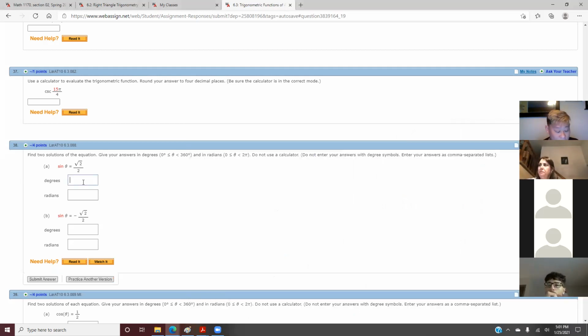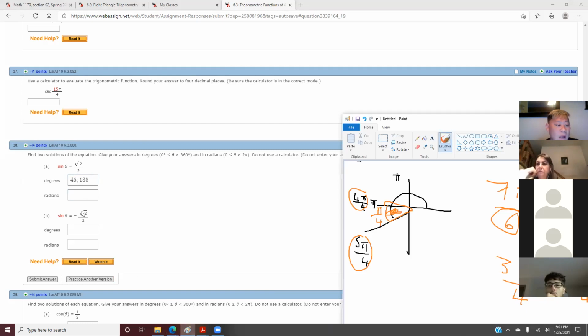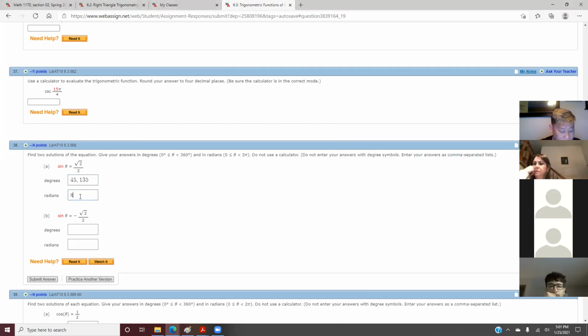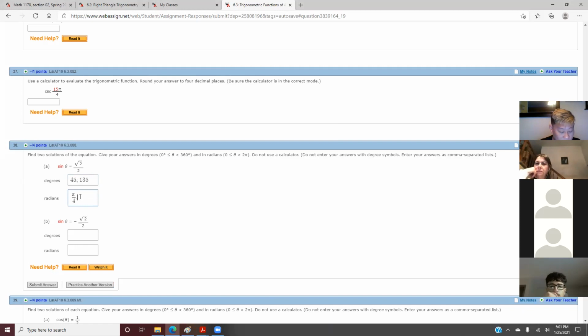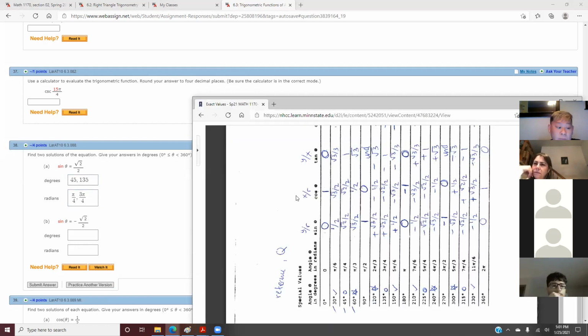You got 2 answers because sine is positive in quadrant 1 and quadrant 2. And in radians, this is pi/4 and the other one is 3 pi/4. That's from this table. You guys okay here?